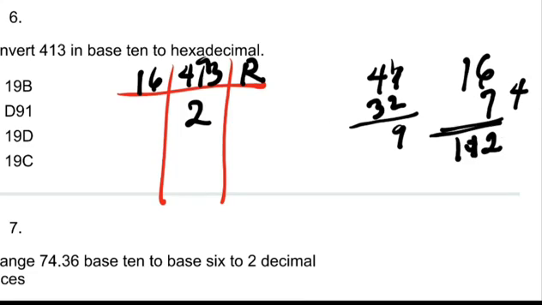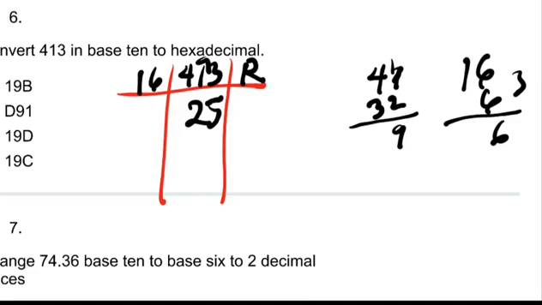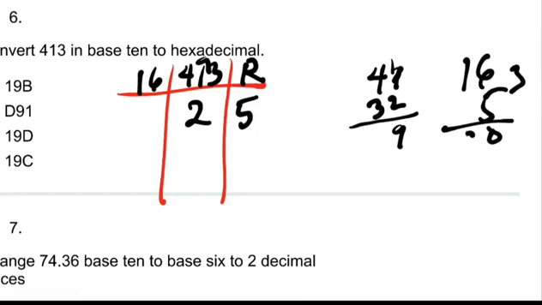So let's say it is 6. 6 times 16 is 96, which is also more than 93. So that is 5. So that means 16 times 5 is 80. So 93 minus 80 is going to remain.